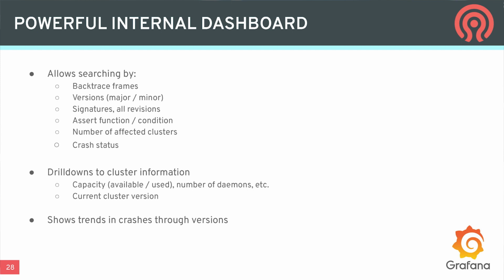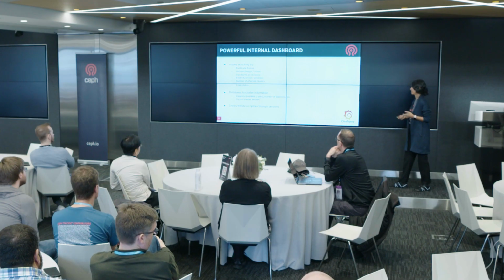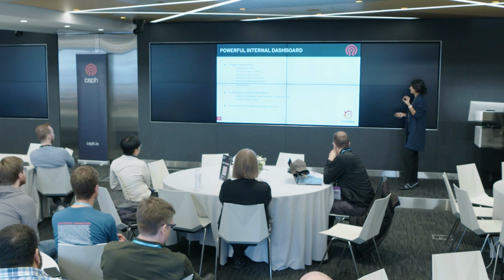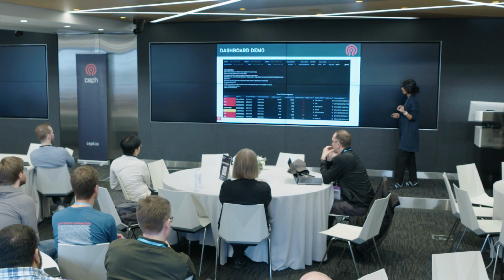We can see the number of affected clusters for each signature, and learn about the crash status. We can also have drill downs to cluster information, so we can learn about the capacity of the cluster and the current version that the cluster is running. And we can also see the trends throughout versions.